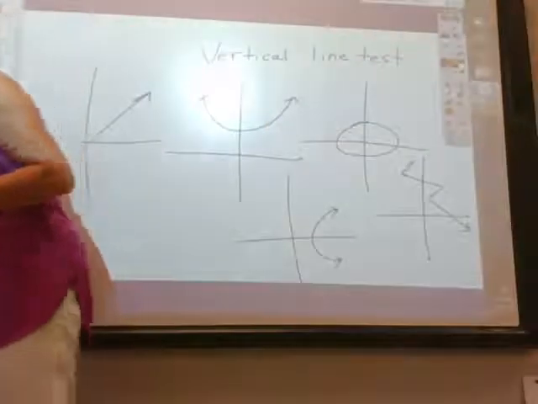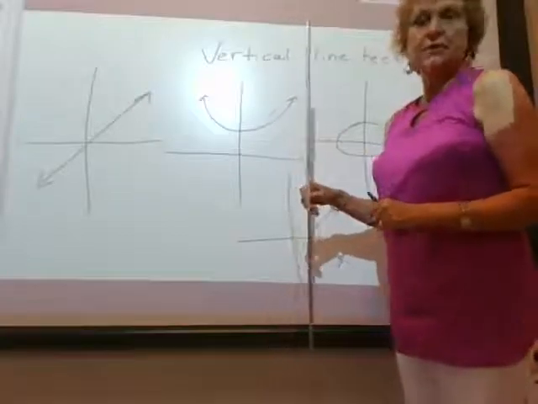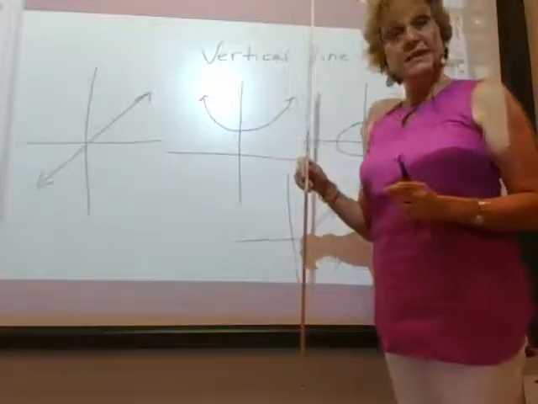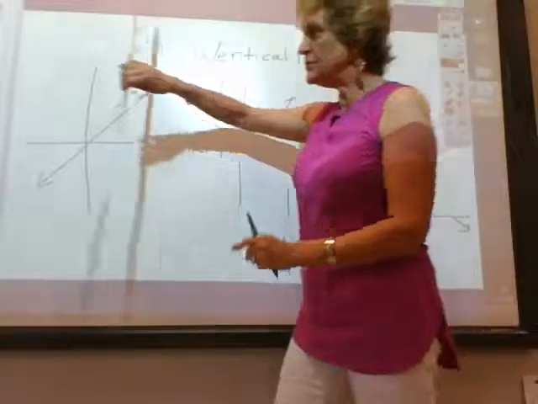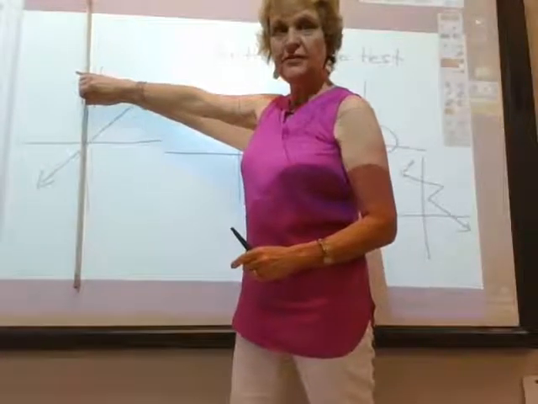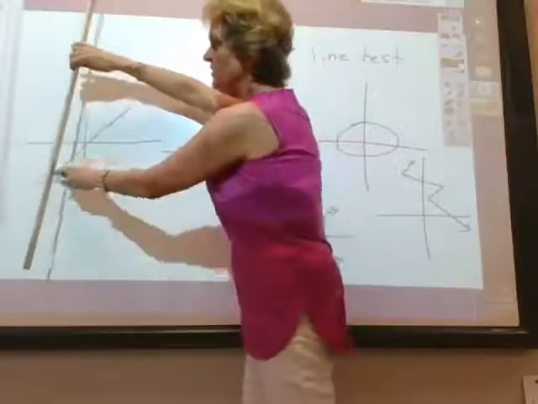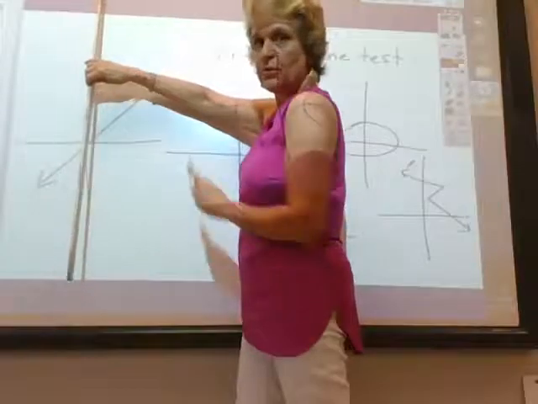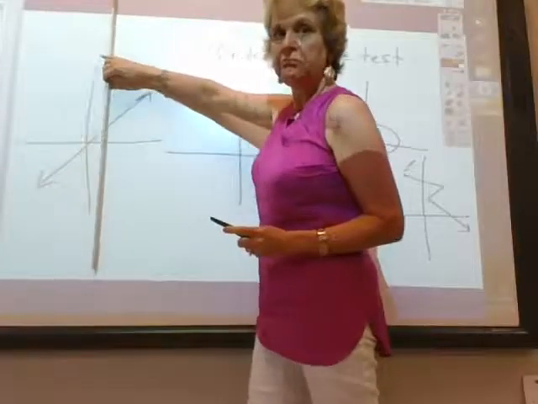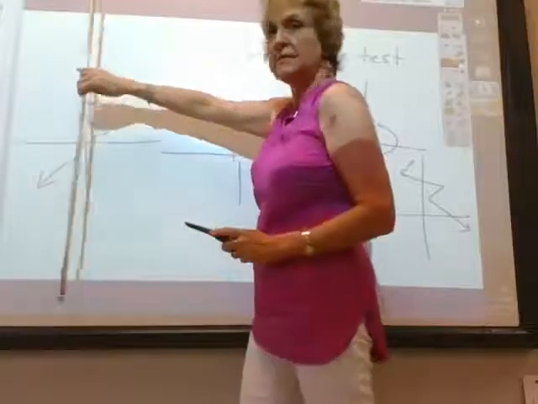What you do, everybody, when you are determining if this is a function or not, you take your pencil or your finger and you think of this as a vertical line. You start at the left and you pull it across your graph. On this graph, is there any point at which the graph touches this more than one time? No. At every point, it's just touching at one spot.